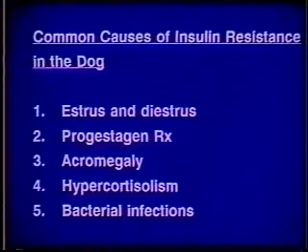This problem has been experienced more so in the diabetic dog, thereby requiring us to recommend that the intact female diabetic pet be neutered as soon as the diabetic diagnosis is made. Progestogen treatments can also cause insulin resistance, as can acromegaly, Cushing's syndrome, and bacterial infections. In this latter condition, we're talking about the endogenous stress hormones that are released from this apparent infection in these patients.